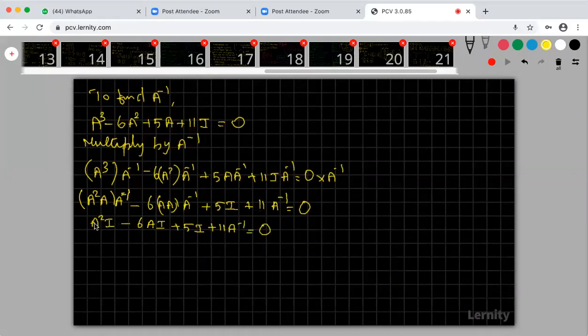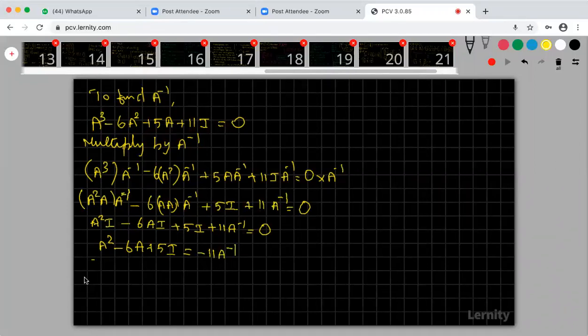Therefore, A square into identity is A square, A into identity is A only, this is 5I. But we need only A inverse. This term only has A inverse, so bring it to the right hand side: minus 11 A inverse.